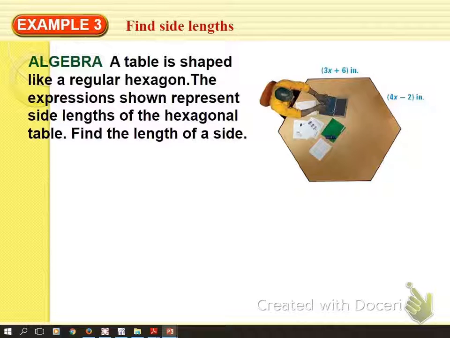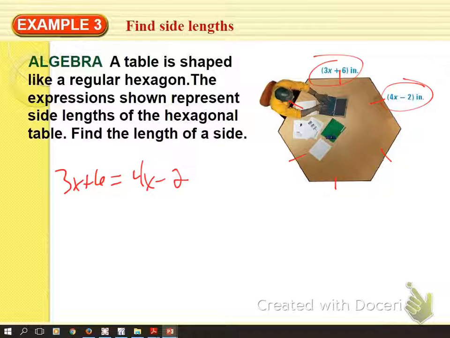Well, all the sides are the same because it's regular. And if I want to find the length of one side, all I have to do is find x and plug that x in. So I can take these two guys and set them equal to each other. Subtract 3x, add 2, x is 8.